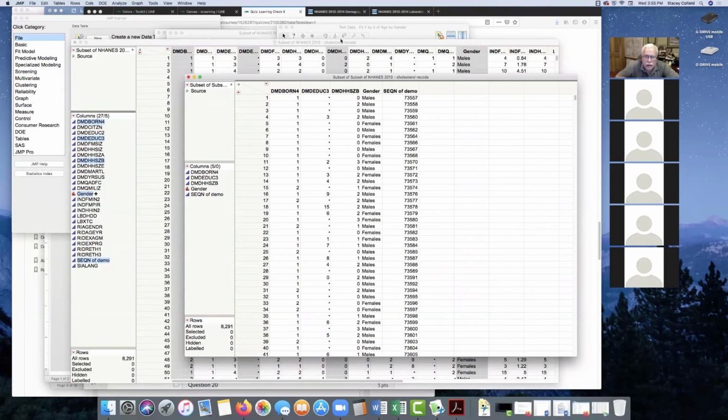The thing to be really careful about is that you need to get all of your columns, because if you forget one, you're going to have to go back and do it again. You can't add on to this. You can merge them, but that is far more complicated than I want to teach you how to do. So make sure you've specified all the variables that you want before you do your subset. Otherwise, you'll have to go back and do it again.